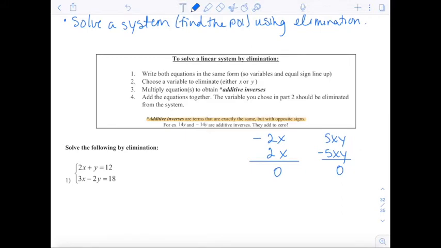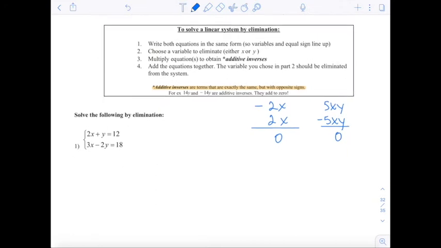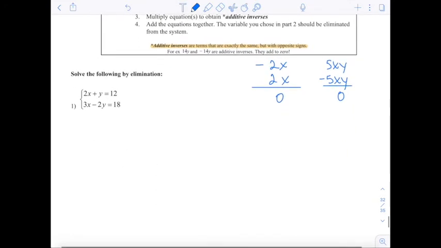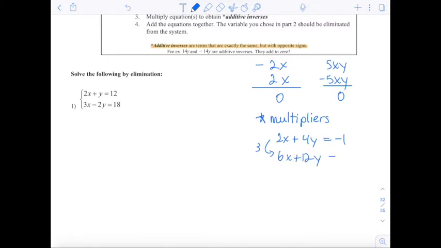We're going to use two concepts here. One is additive inverses, but the other is the concept of multipliers. If we take an equation, let's say 2x plus 4y equals negative 1, and multiply it by, say, 3 to get 6x plus 12y equals negative 3, we know these lines are the same.